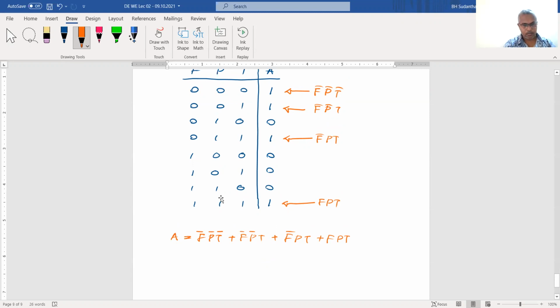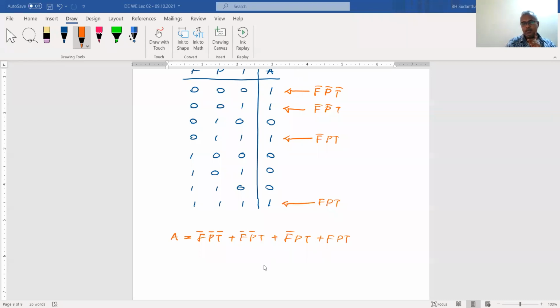Is it necessary to write four expressions in the Boolean expression? Can't we write it from true, sir? That means F dash P only, because T doesn't determine. That means if T was 0 or 1, it could give a result. Because of that, can't we just simply write using only F and P?